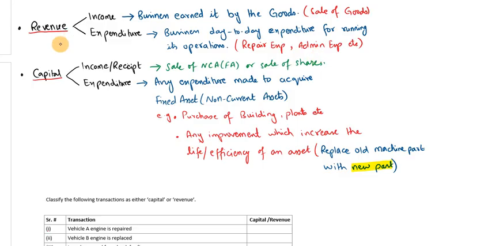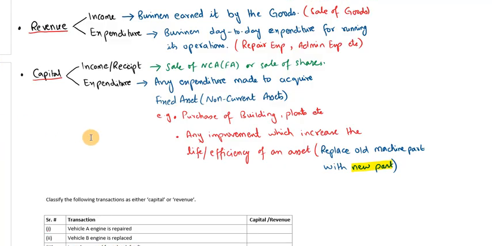So these are revenue income and expenditure, and these are capital income and capital expenditure. Any question? Any confusion in revenue income and expenditure, capital income and expenditure?